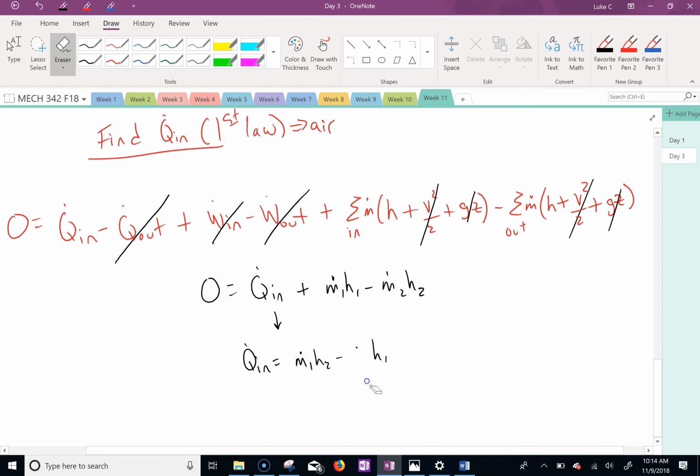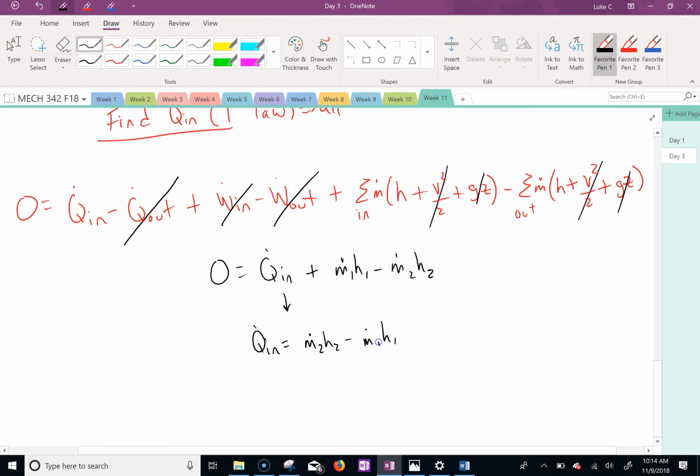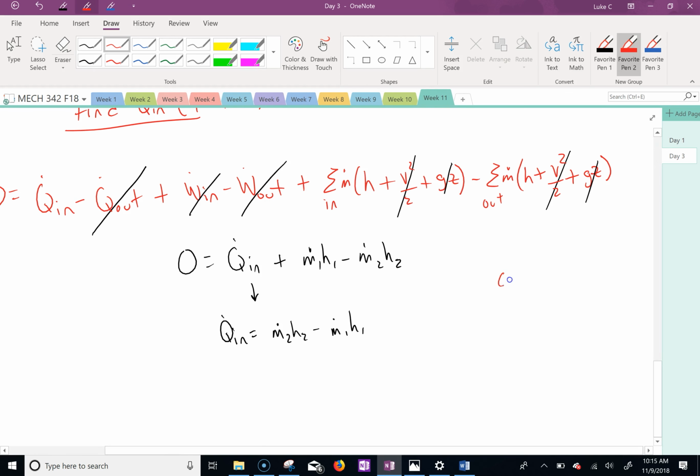And if you go on the side and say conservation of mass, m dot in equals m dot out. That means m dot 1 equals m dot 2, which is m dot. So Q dot in equals m dot (h2 minus h1).